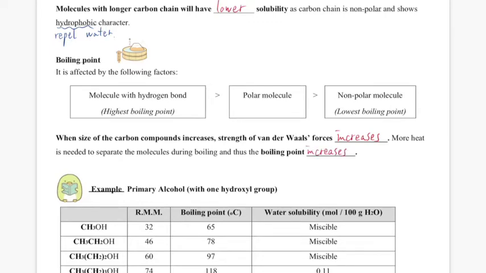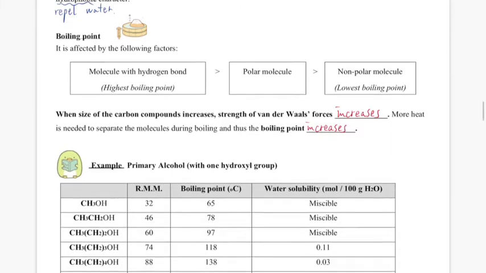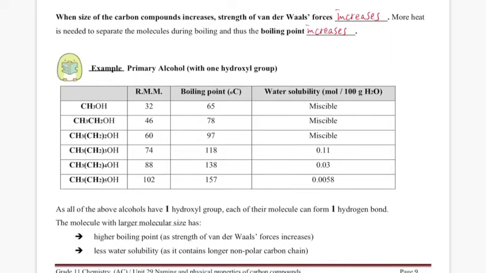So when comparing boiling point, first consider hydrogen bond or not, second polar or not, and third the size. Similar to the parts where we compare purely the intermolecular forces, here we have some examples. This table lists the first few primary alcohols, with one hydroxyl group only, so there's only one OH group here.